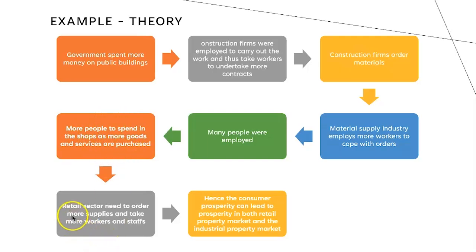And then the retail sector needs to order more supplies and take on more workers and staff. Hence, the consumer prosperity can lead to prosperity in both the retail property market and the industrial property market. So you can see how it will affect the other industries as well. And this is what we call the multiplier process, or the chain reaction.